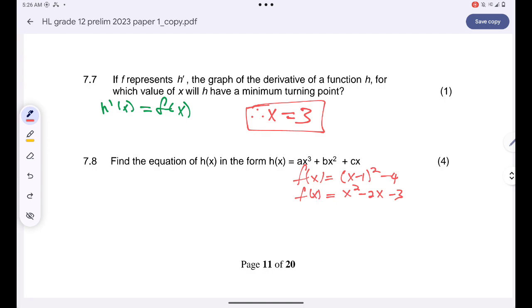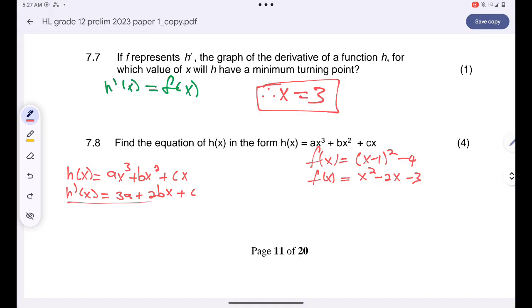We have h of x equal to ax cubed plus bx squared plus cx, right? That means h prime of x will be equal to 3ax squared plus 2bx plus c. The derivative of h of x will be equal to that.